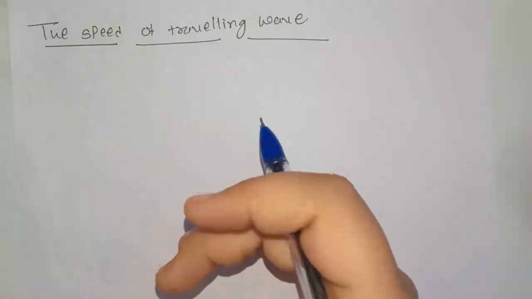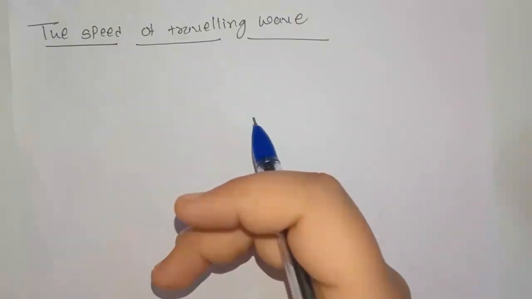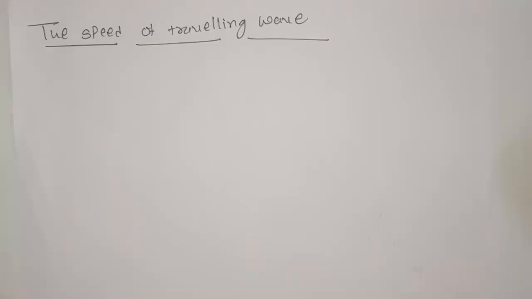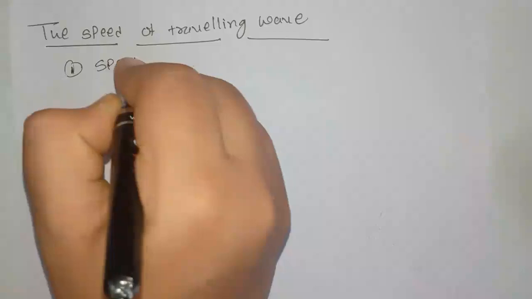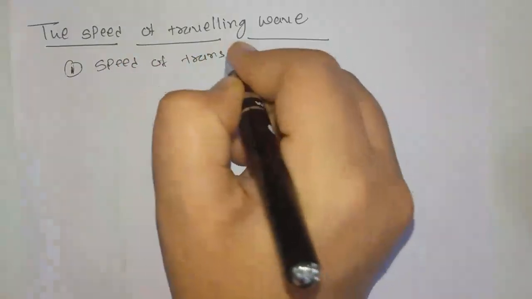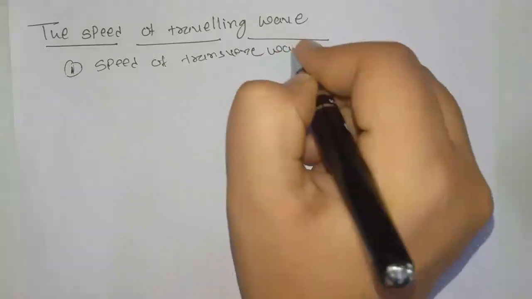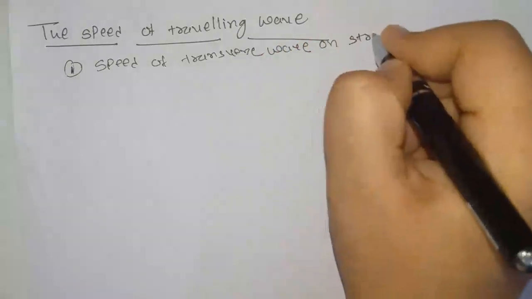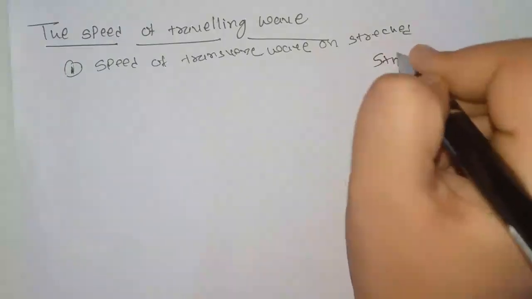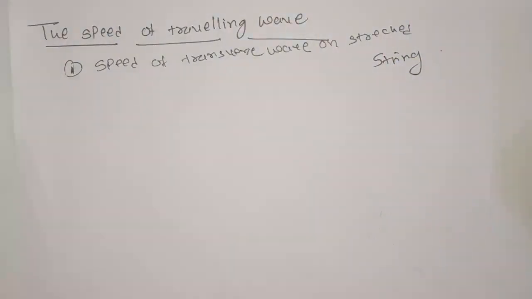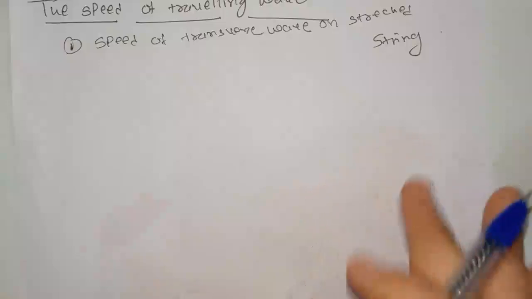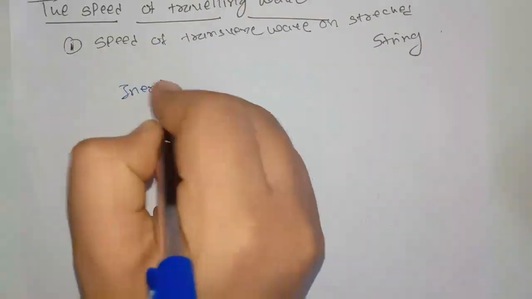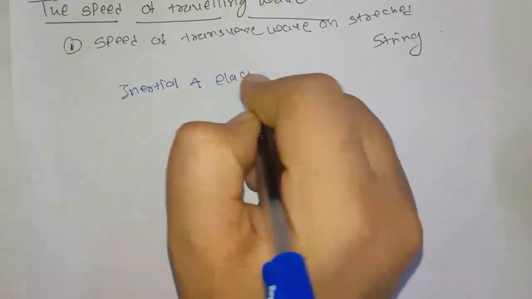Now let us find the speed of traveling wave. In that case, we will find the speed of wave in different mechanisms. First, let us see the speed of transverse wave on a stretched string. The speed of a mechanical wave depends on the inertial and elastic properties of the medium.